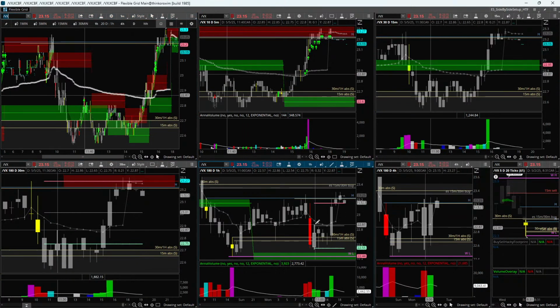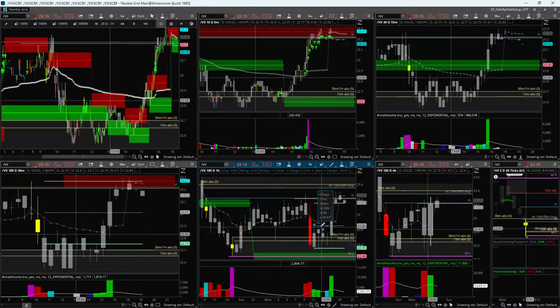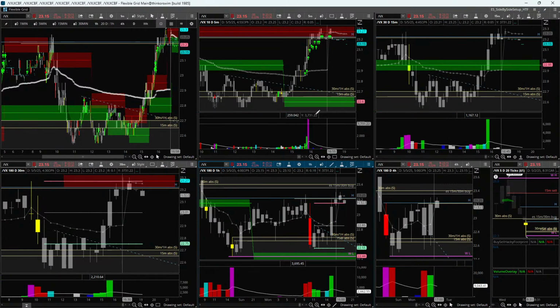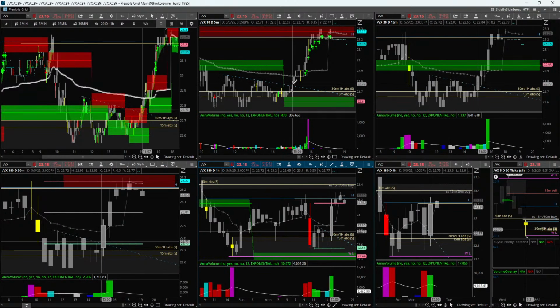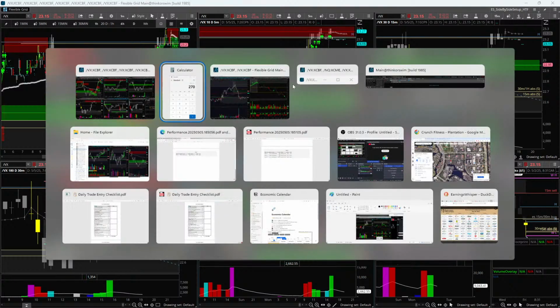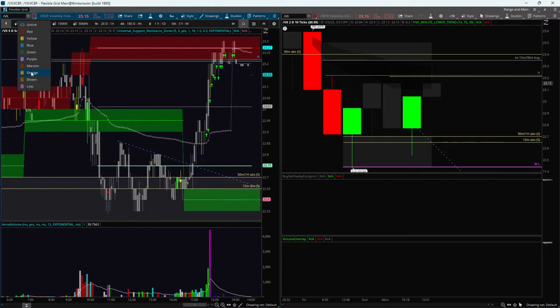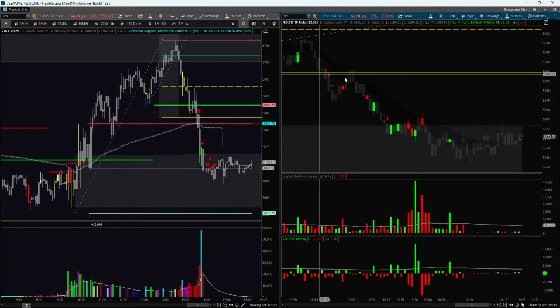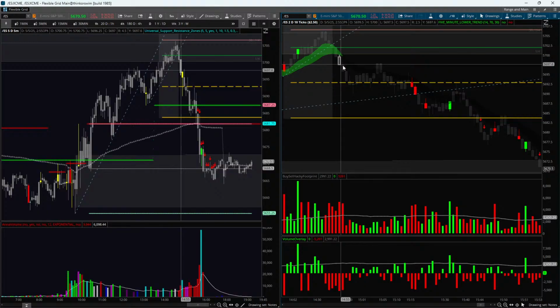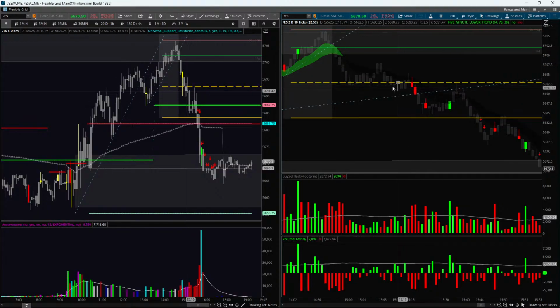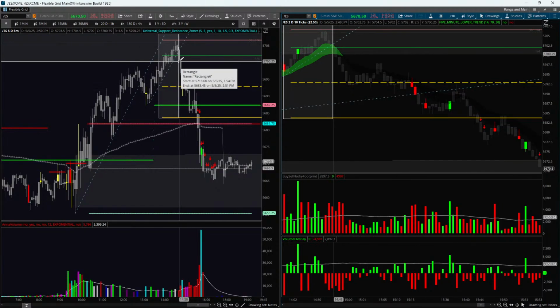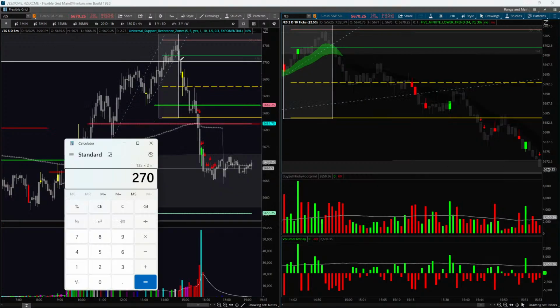Probably could have drawn a damn trend line like this. He's out of that trade at 305. 1450 is where it is.